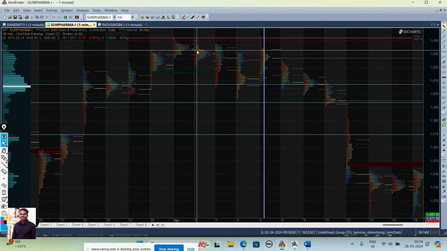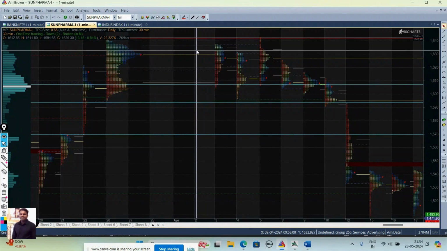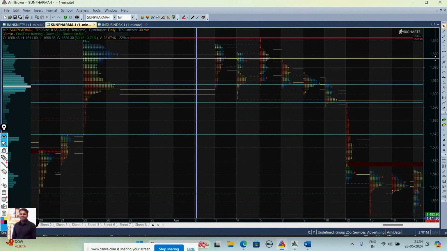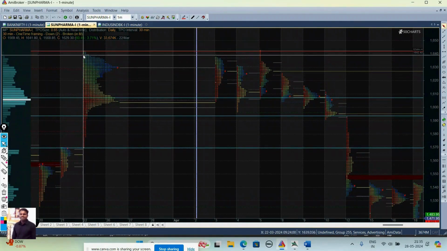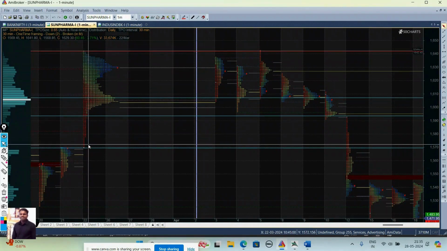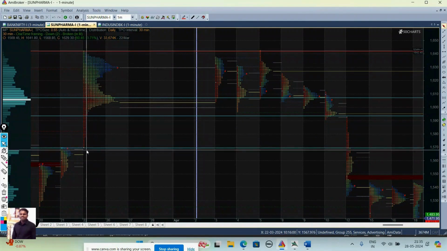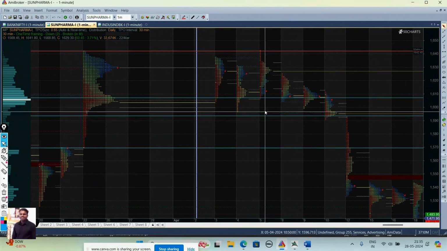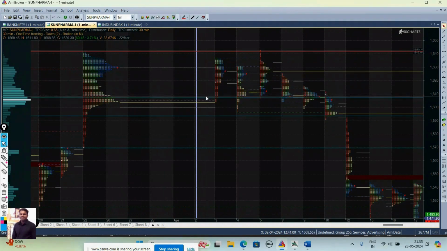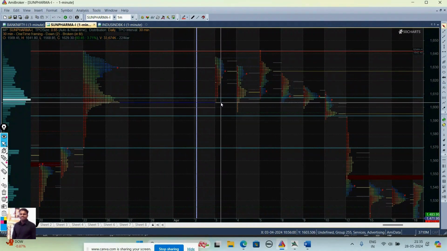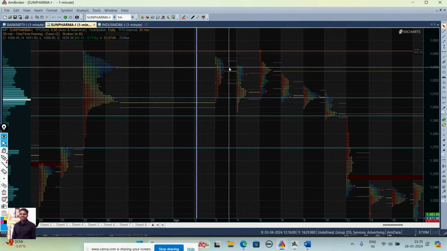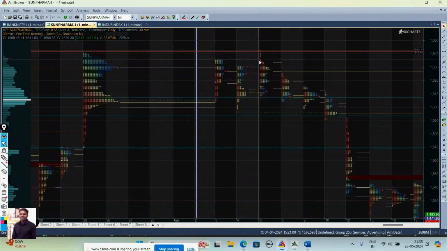You have to join the profile. So from top to bottom, this is the auction process. Top, top, and this is bottom. Then what will happen? Prices retrace to the middle POC, then the first standard deviation, it will retrace.